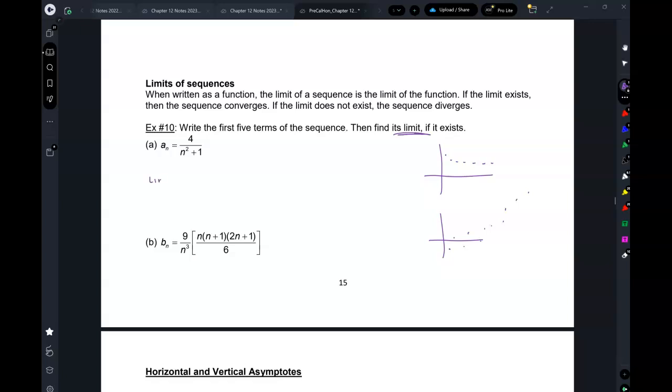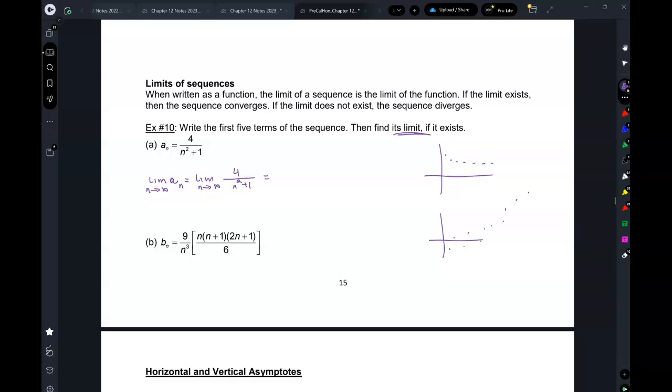So the limit as n approaches infinity of a sub n. This is the limit as n approaches infinity of 4 over n squared plus 1. Let's think about this for a minute. If n is infinitely large, n squared is even larger, and then n squared plus 1 is even larger.